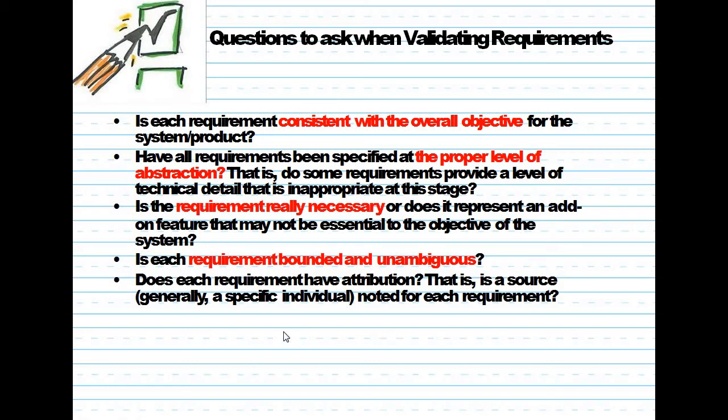Is the requirement really necessary? Or we can say, does it represent an add-on feature that may not be essential to the objective of the system? Is each requirement bounded and unambiguous? Does each requirement have attribution? That is, a source noted for each requirement.